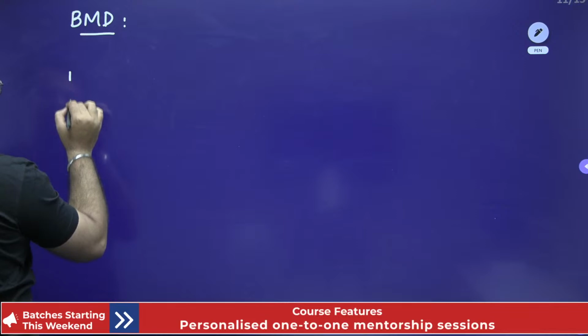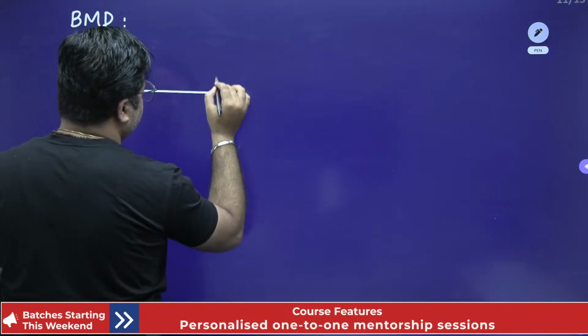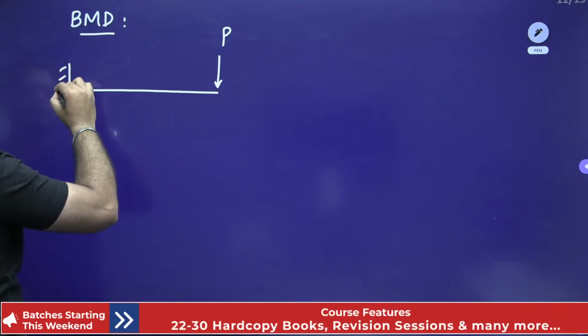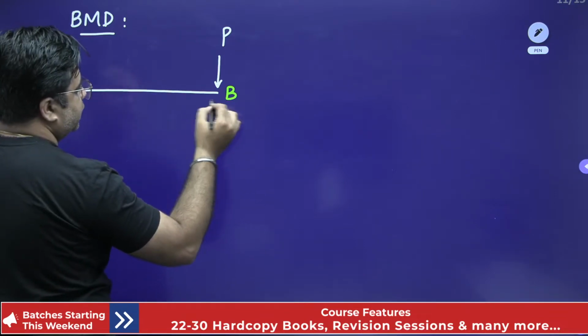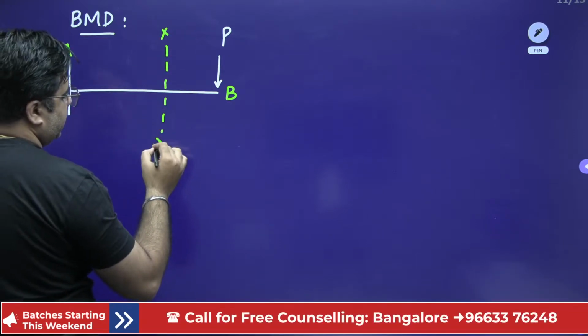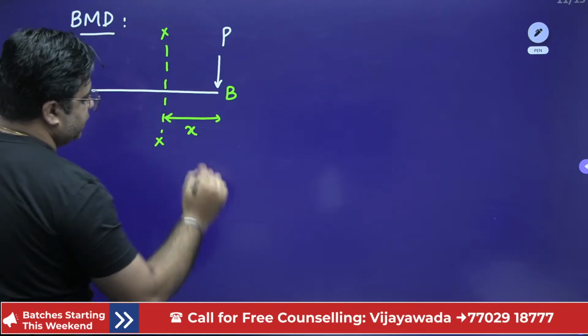So if you look into this cantilever beam, this load is P. This is point A and this is point B. This is my section XX, and the distance of the section XX from end B is X, right?